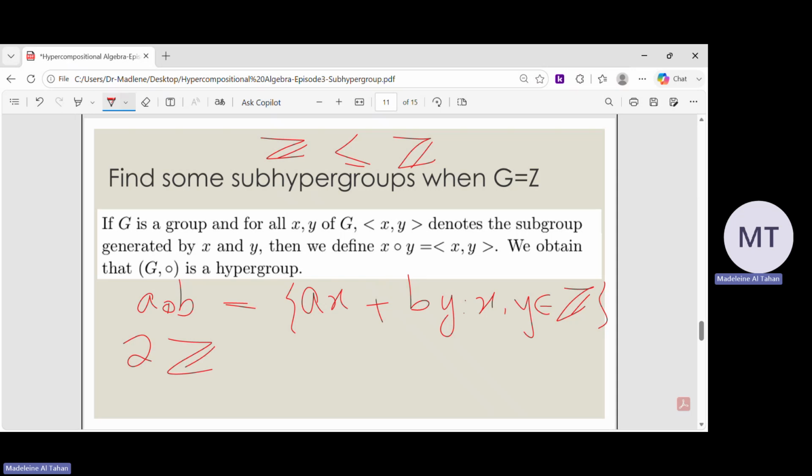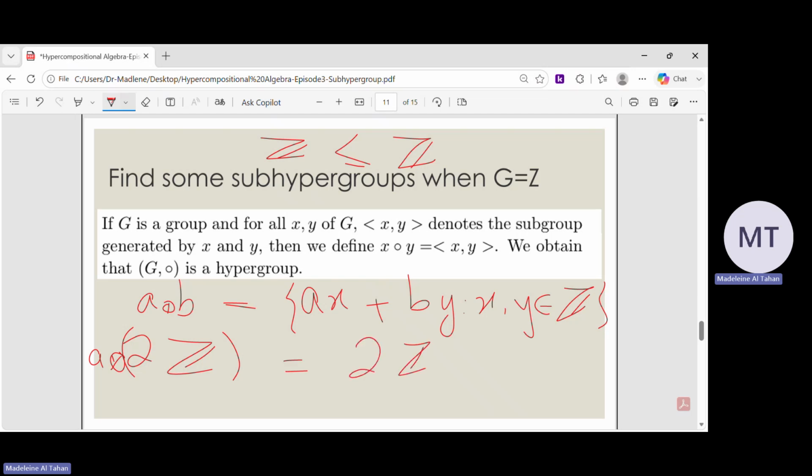Now, why did I think about 2Z? Because 2Z is also a subgroup of Z. So let's check here if 2Z will be a subhypergroup of Z under the hyperoperation. In order to show that 2Z is a subhypergroup, we need to show that A circ 2Z is equal to 2Z.